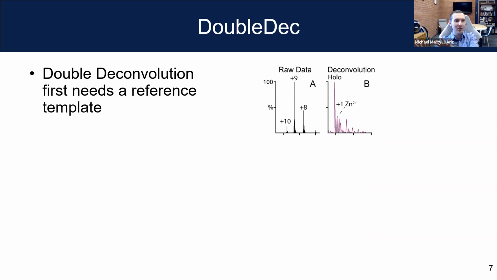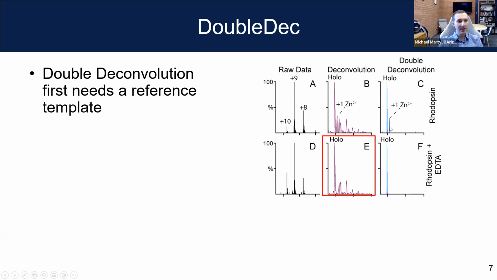So what we wanted to do was ask, could we deconvolve the deconvolved spectrum, so that we put in a template spectrum and have it collapse that into a single point. We take this spectrum and end up, instead of this complex distribution, with a single peak for the holo and a single peak for the zinc bound.